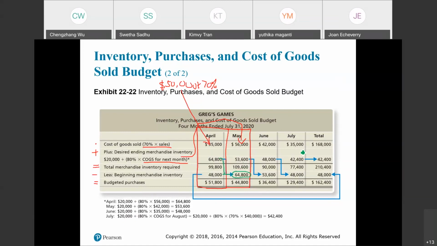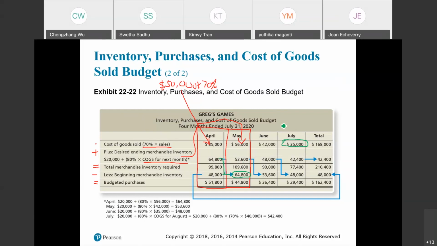It's 80% times the cost of goods sold for the month of July. Do you mean this number? Yes, correct. And then you add 20,000. When you add the 42,000 and the 48,000, you get the total merchandise inventory required. That is 90,000, right? Yes.